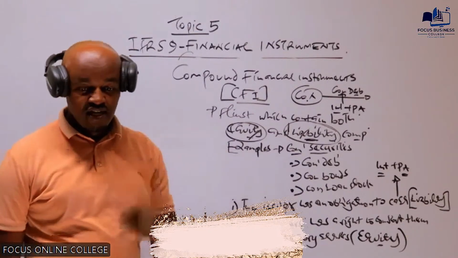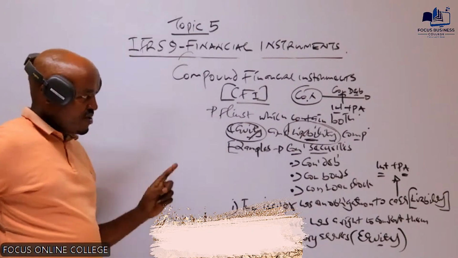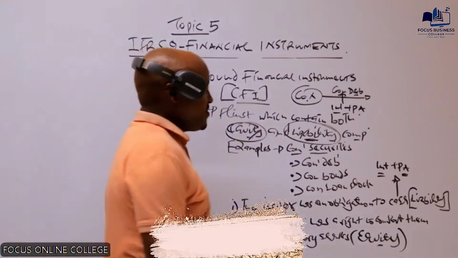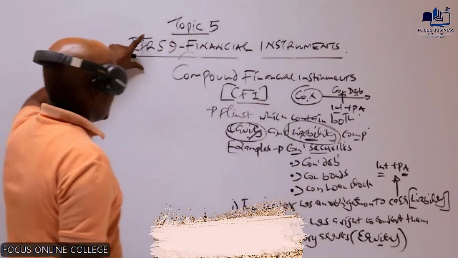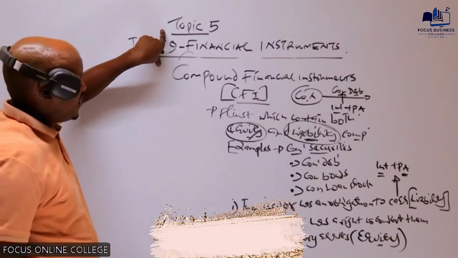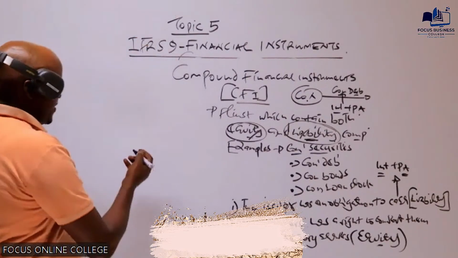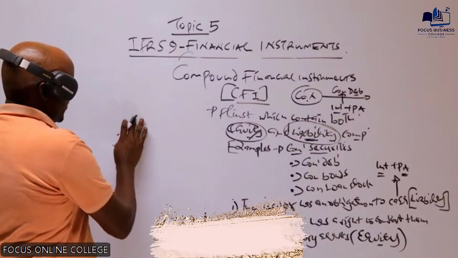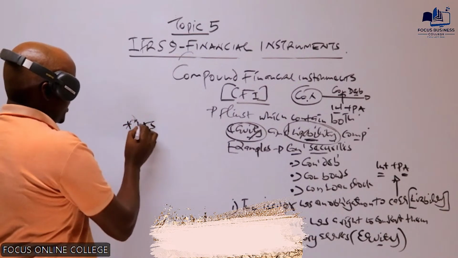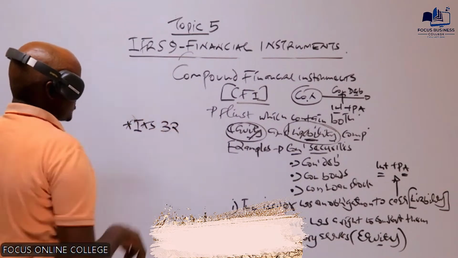Now, this compound financial instrument should be accounted for in accordance with a different standard, not IFRS 9, but International Accounting Standard number 32.